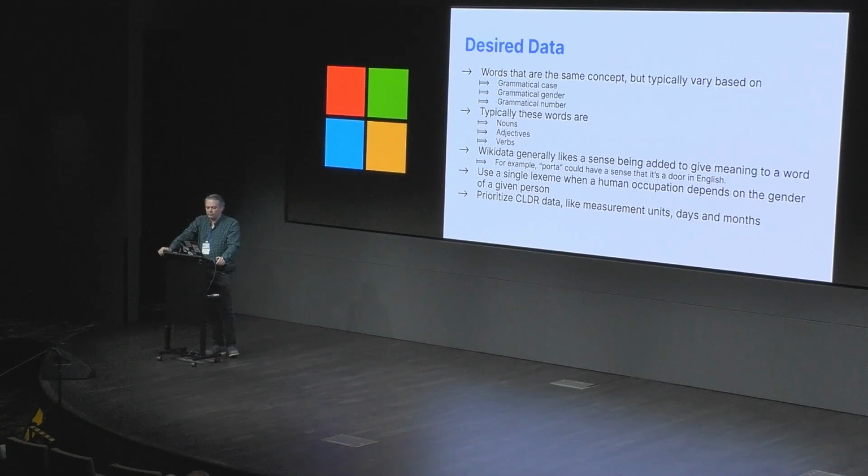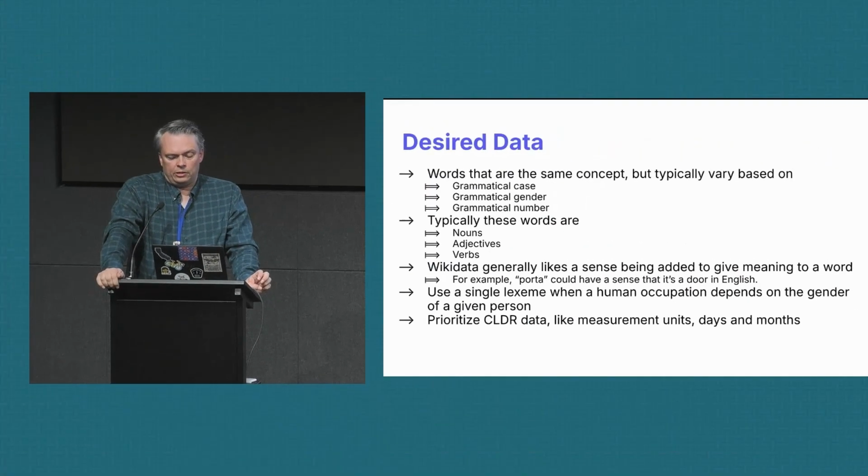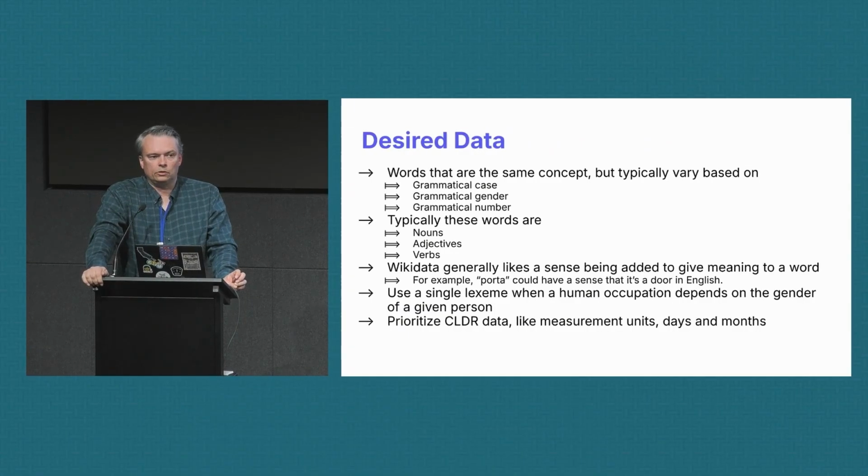For example, "porta" in Portuguese could have a sense that it's a "door" in English, so a little bit of an association of what the word is. And for a single lexeme, when a human occupation depends on the gender of a given person, like "doctor" in masculine and feminine forms, you have two forms, so separate them out onto two different lines.